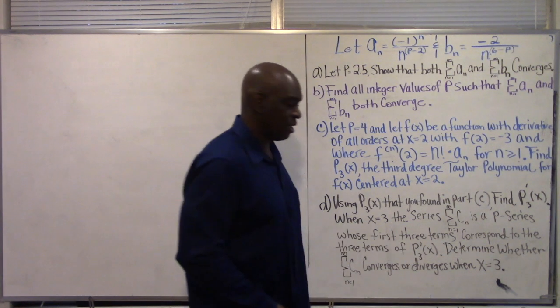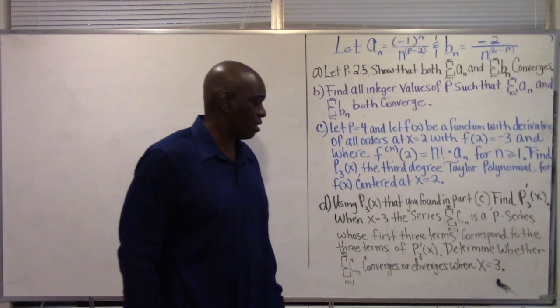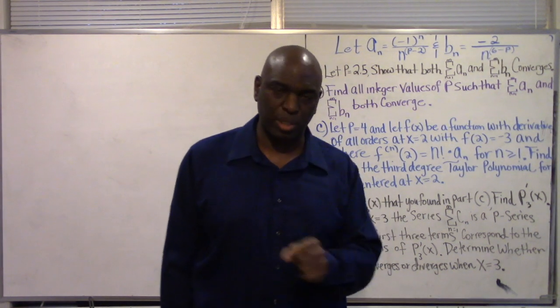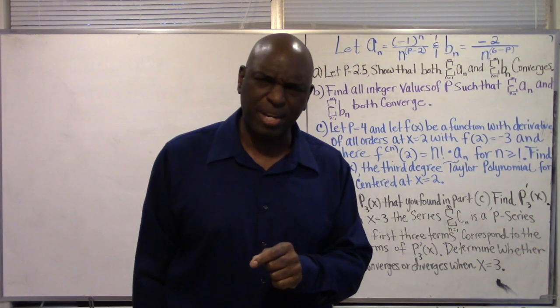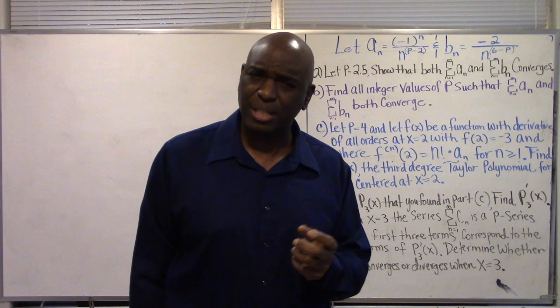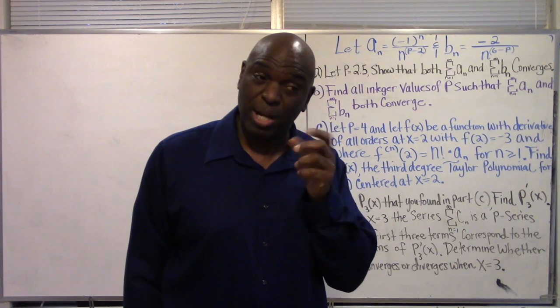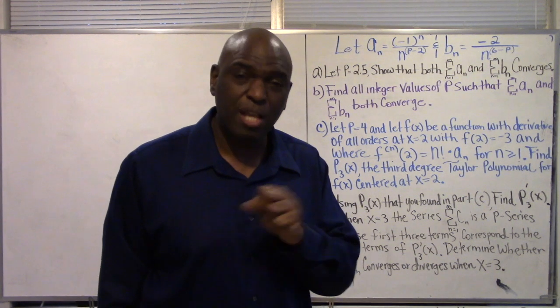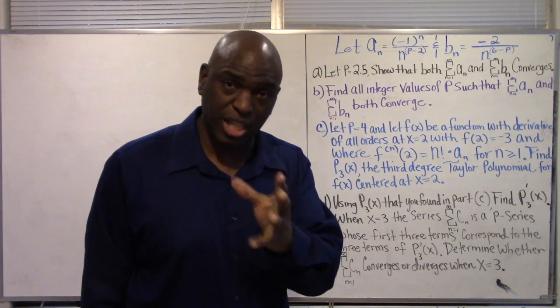Determine whether the series c_n converges or diverges when x equals 3. Very good, high-level thinking questions around the Taylor polynomial and around convergence, divergence, etc. So let's go ahead and jump right into it, shall we?